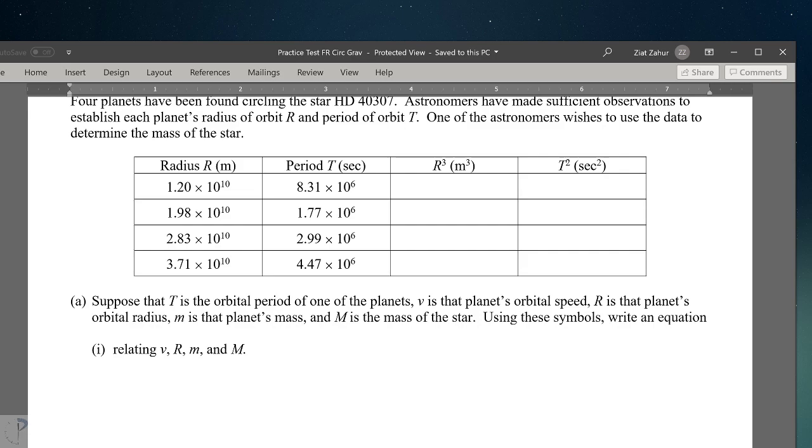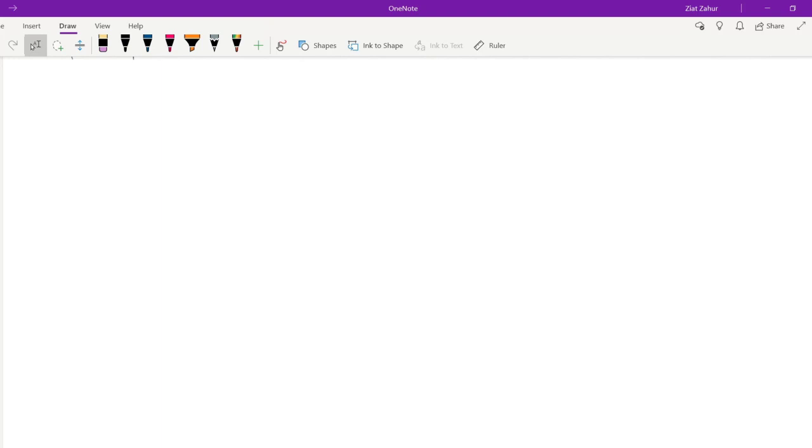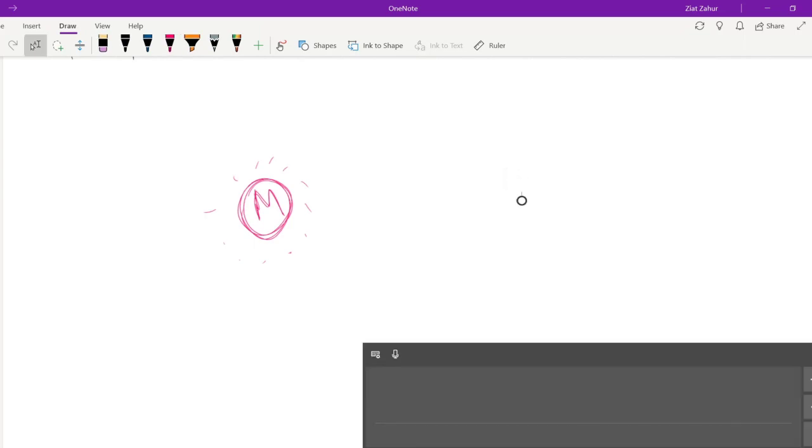Okay, so how is all of this stuff related? If I go back to our solar system model, so if I have a star of capital M, there are 4 planets of different radii. One's 1.2, and the others are like 2-ish, 2.8-ish, 3-ish.